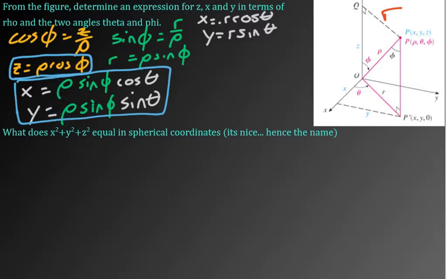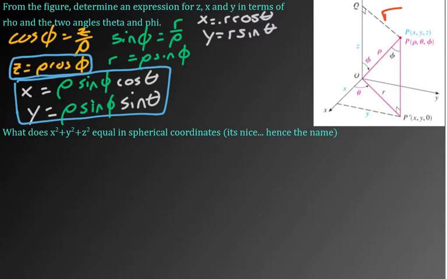That gives me a way to convert things like this. If I have x squared plus y squared plus z squared, which hopefully you recognize as the beginnings of a sphere, this ends up equaling a very nice thing in spherical coordinates.